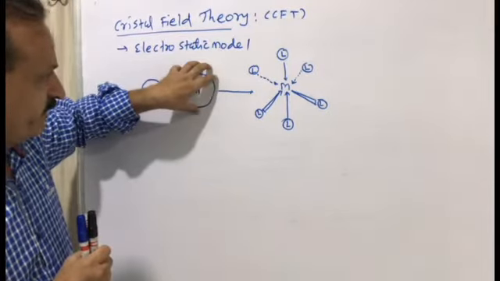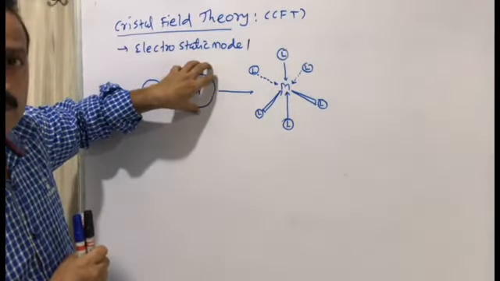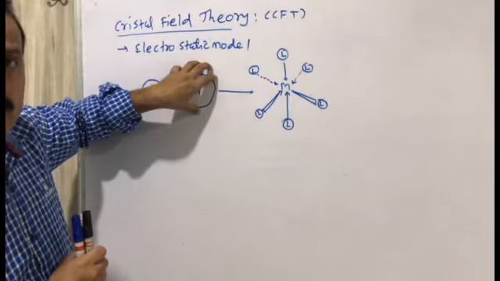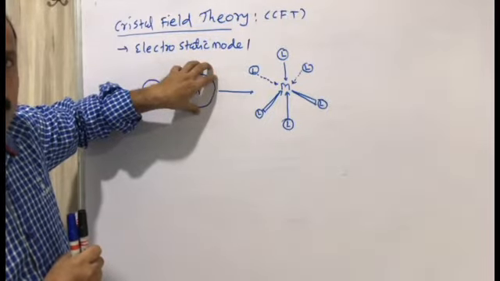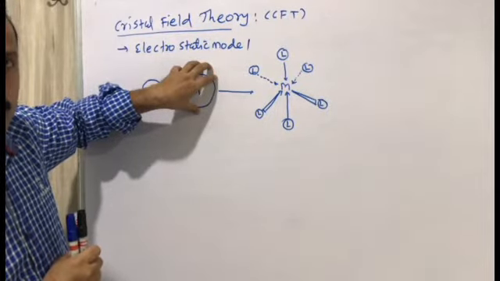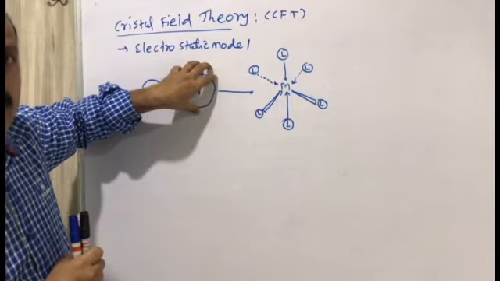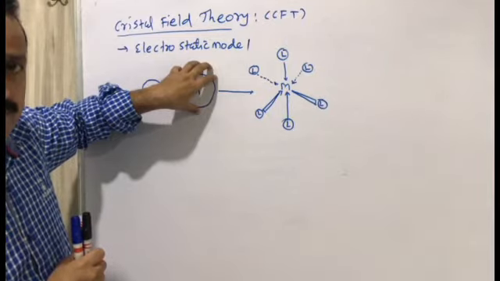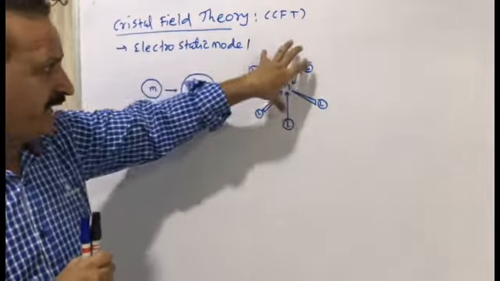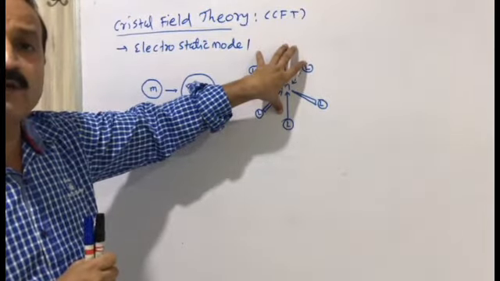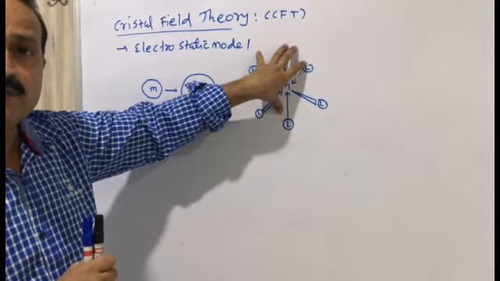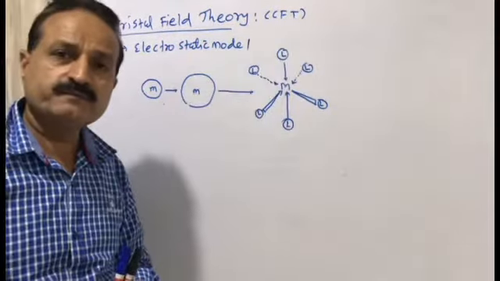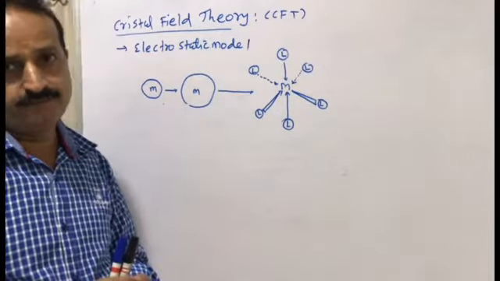A negative field is produced surrounding the metal, even though the d orbitals have stable energy. They are degenerate. But when ligands are arranged surrounding the metal, the d orbitals split.